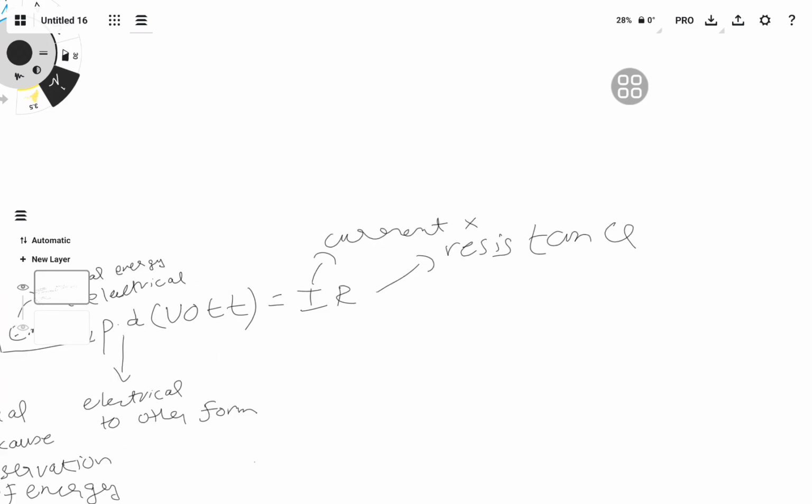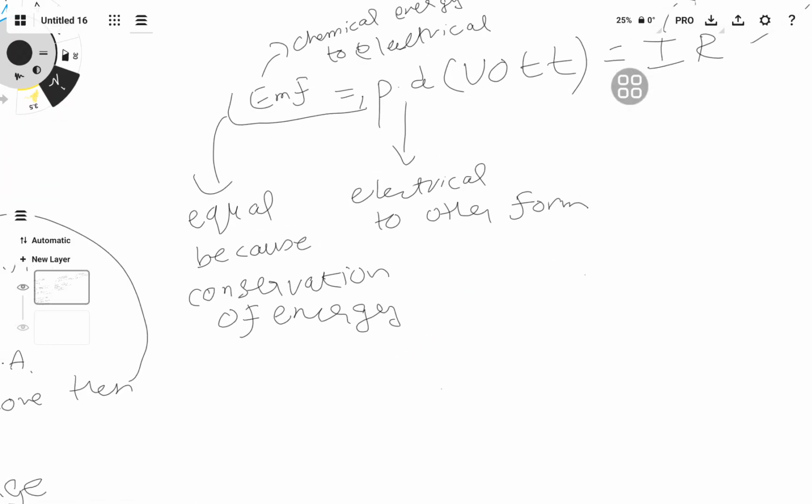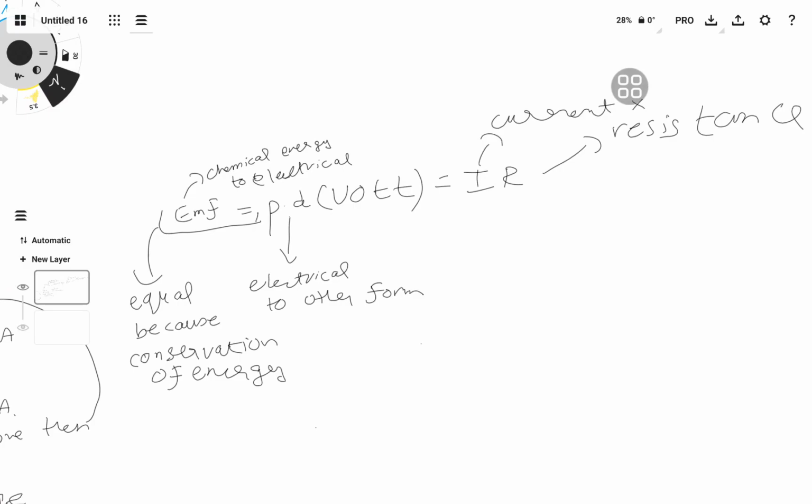Potential difference is basically the loss of energy, dissipated into other forms. Resistance is basically the ratio of V over I. V over I is equal to R.